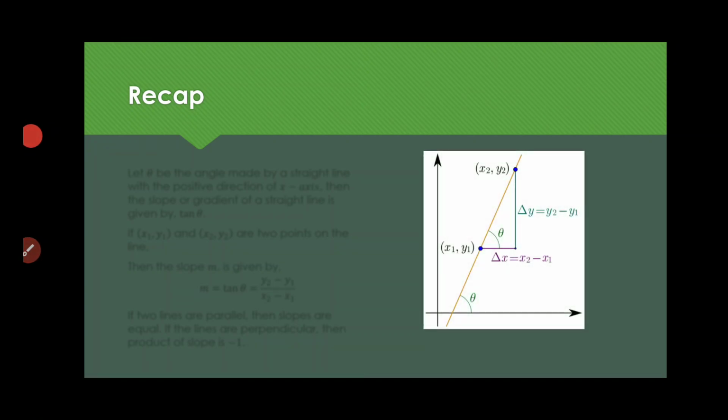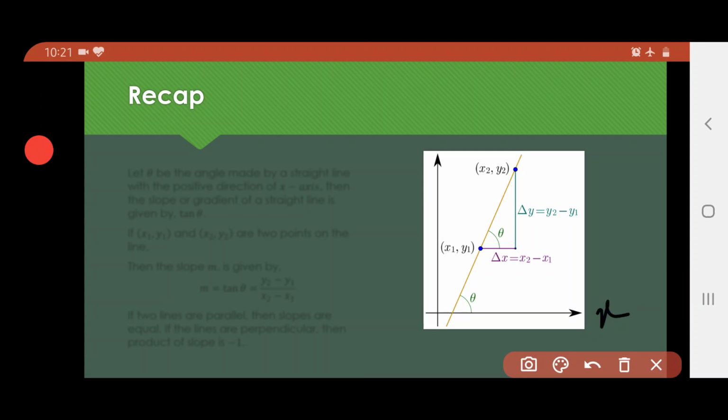Now say the straight line passes over the x-axis. In the figure this is my x-axis, this is my y-axis, and this is your origin.